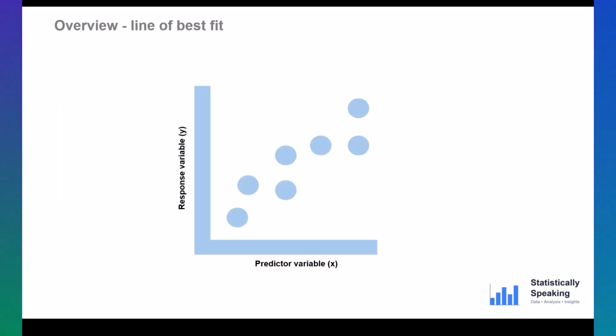But I want to explain what the line of best fit means. Let's say you plot your data in this format in a scatter plot. You could actually plot multiple lines through it. You could draw line 1, you could draw line 2, you could draw line 3. But visually, it's not always easy to determine where the best fit line is.